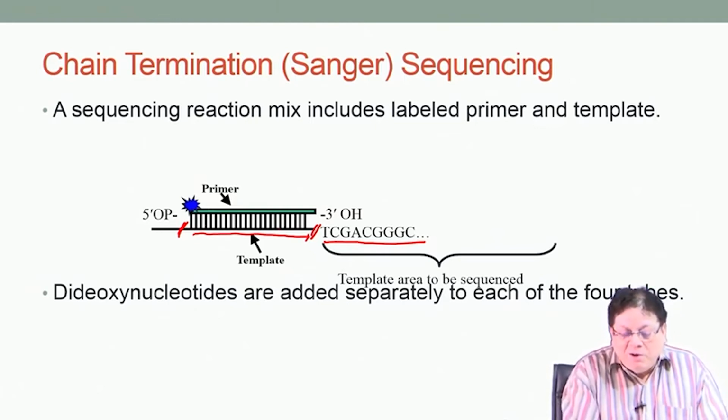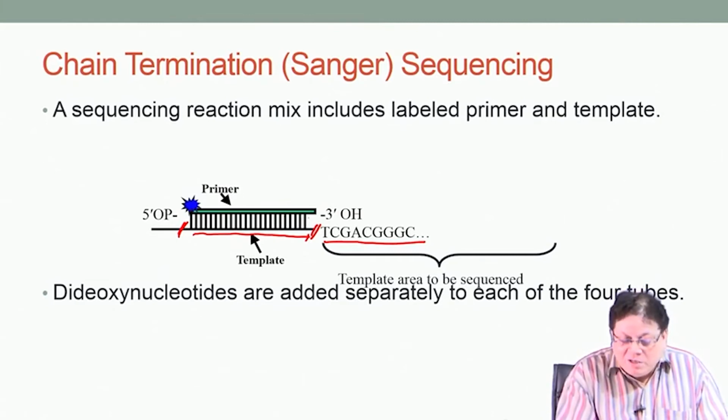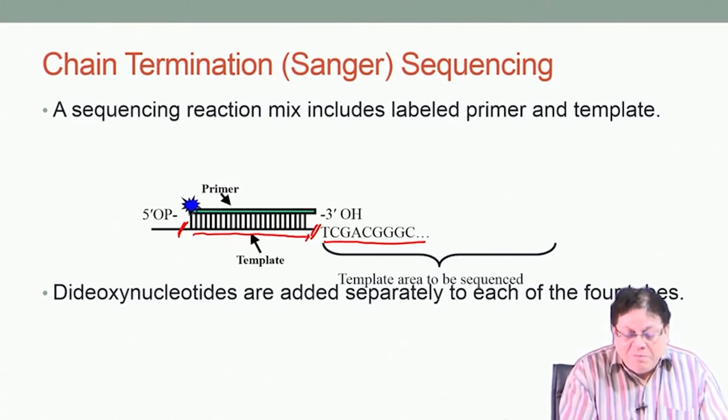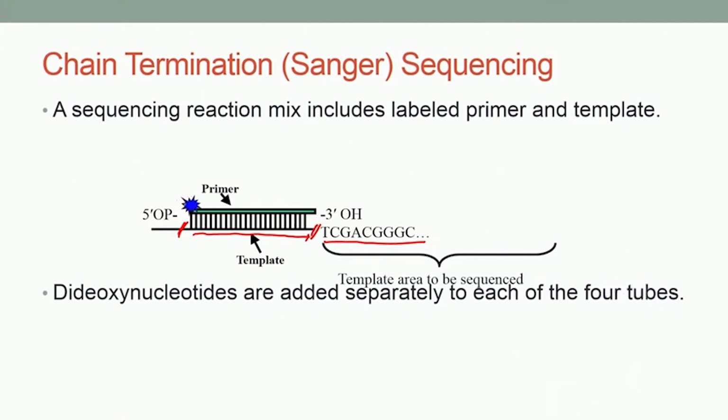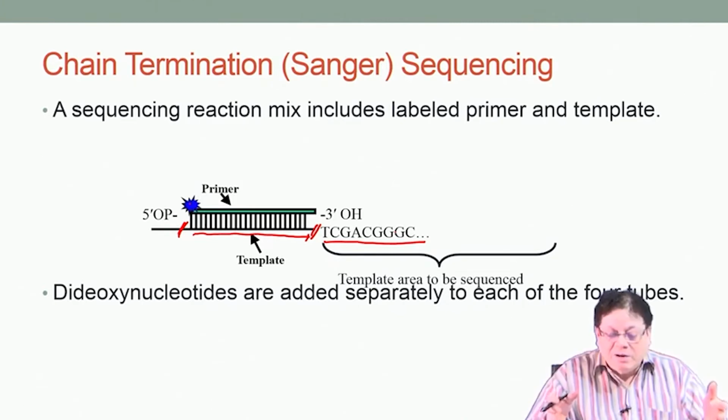So, what will happen? The primer will now hybridize, will form a duplex here by the hydrogen bonds, and in addition this primer is such that the 5 prime OH, like in the Maxam Gilbert sequencing, has a radioactive phosphorus. It is tagged with a radioactive phosphate. Okay. That is needed because ultimately you have to find pieces where that label is there, otherwise it will be all mixed up with the other nucleotides present there.